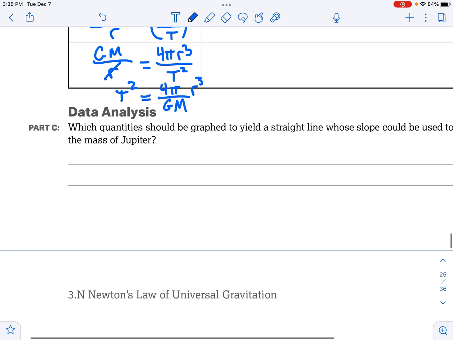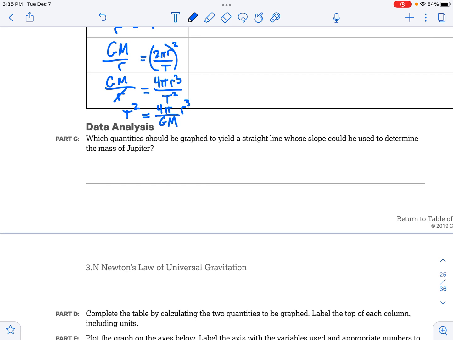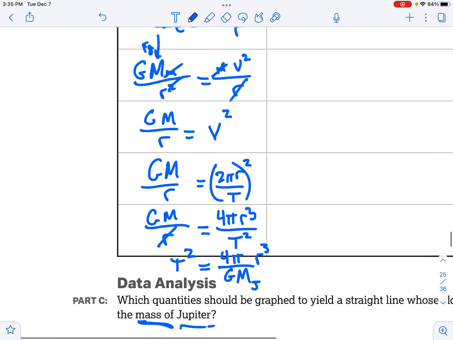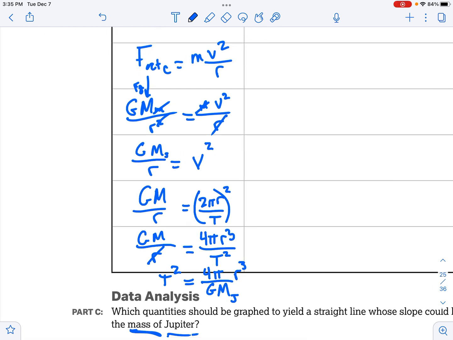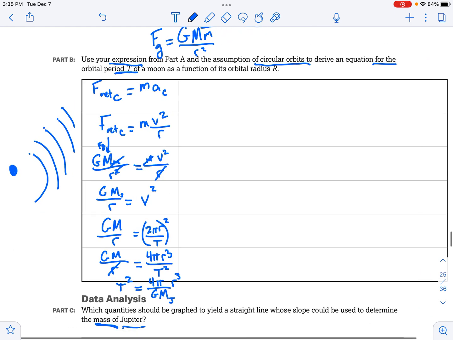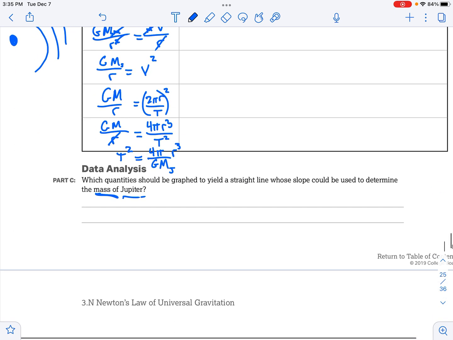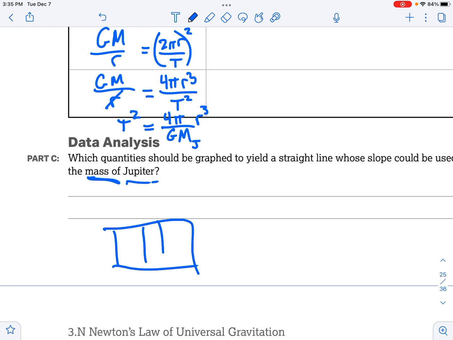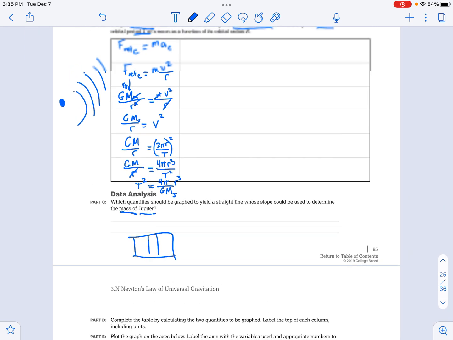Which quantities should be graphed to yield a straight line whose slope could be used to determine the mass of Jupiter? Now this is the mass of Jupiter because this is the big thing, right? This is the big thing. And the problem said that there's Jupiter and there's many moons that are each orbiting Jupiter. So first, we have to look at what information they gave us in the chart that we're able to work with.